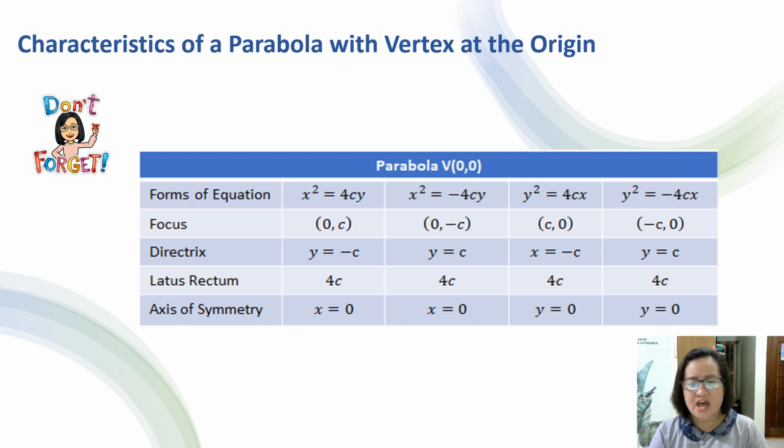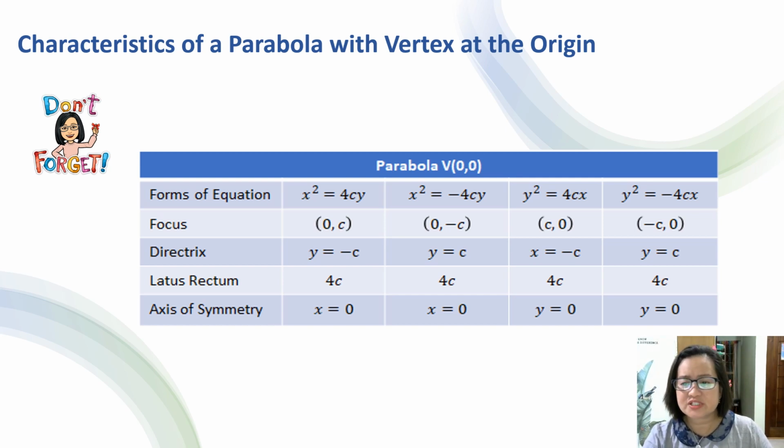Well, if we have a parabola that opens downward, we will have x squared equals negative 4cy with focus (0, negative c), equation of the directrix y equals c, while for the latus rectum we will still have 4c, and axis of symmetry x equals 0.